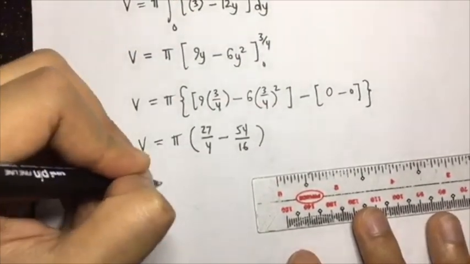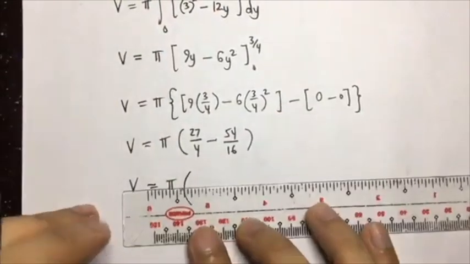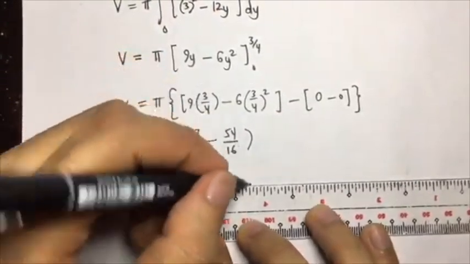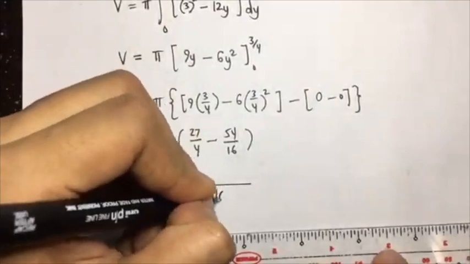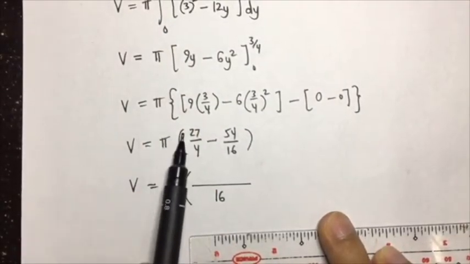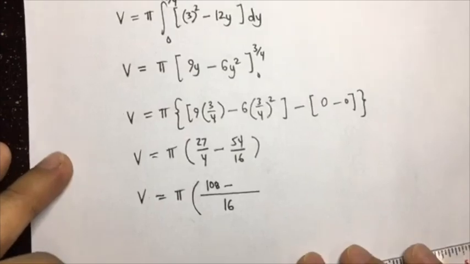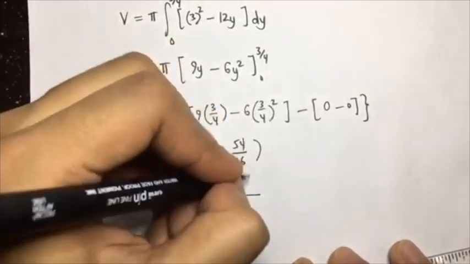The LCM is 16, divided by 4 times 27, that is 108, minus 54.